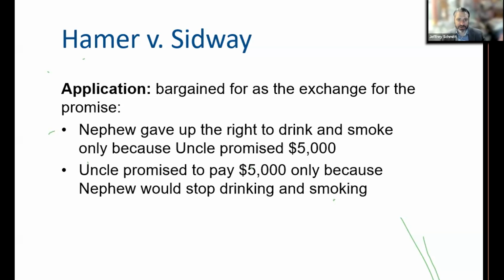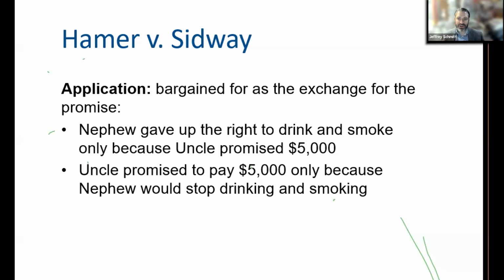He did not drink or smoke. But the reason he did that was because of the promise, right? And the uncle promised only because he wanted the nephew to stop drinking and smoking, right? There's a causal connection between these two things. They're inducing each other. They're connected logically. That's what we're looking for in the bargain, right?